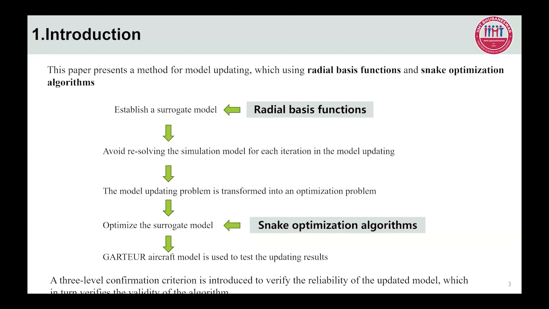And then the snake optimization algorithm is used to optimize the surrogate model. And finally, the Garteur aircraft model is used to test the updating results. And the three-level confirmation criteria is introduced to verify the reliability of the updated model, which in turn verifies the validity of the algorithm.